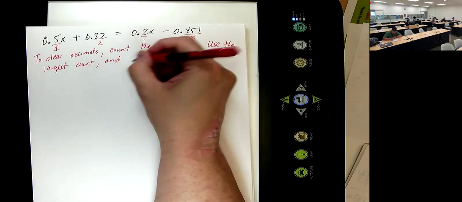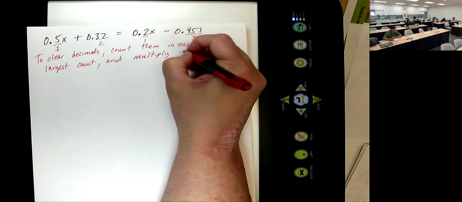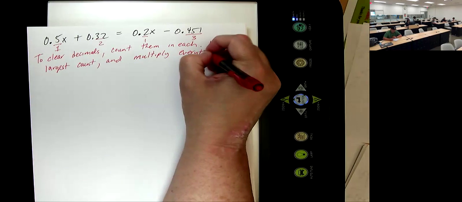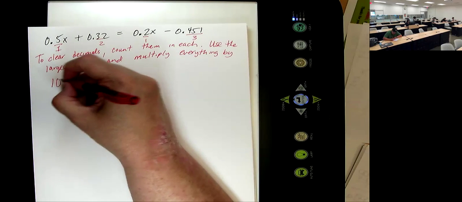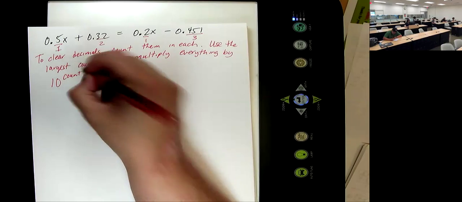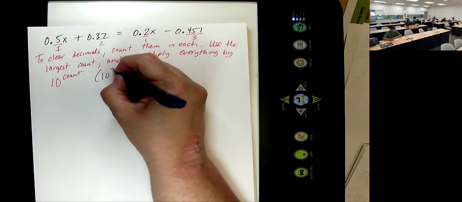And multiply everything by 10 to that power. In this case, 10 to the third power here.